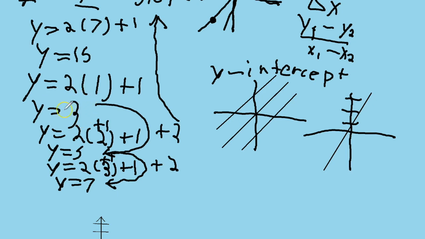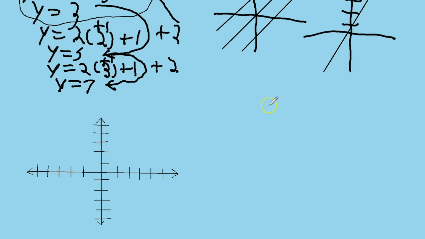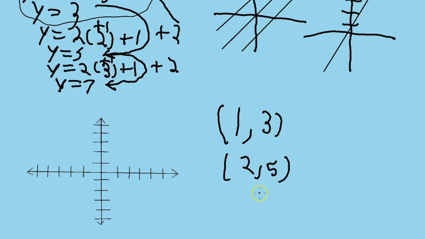For example, this shows that when the x is 1, the y is 3. So that's a point, 1, 3. And another point is 2, 5.